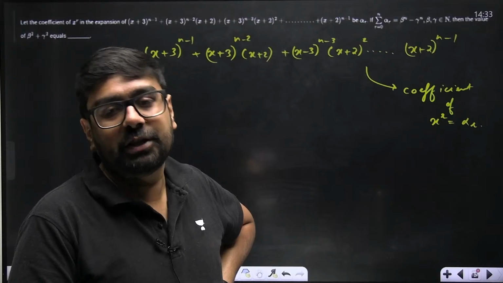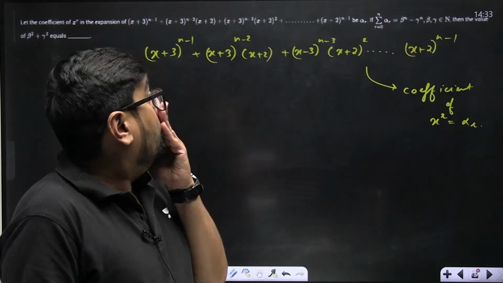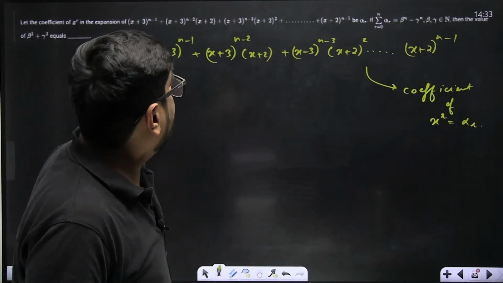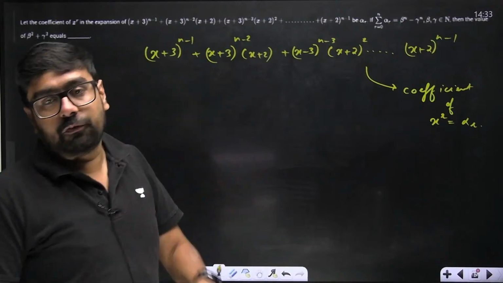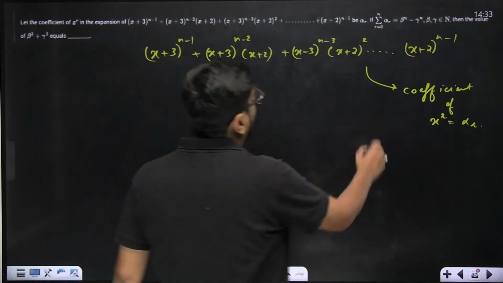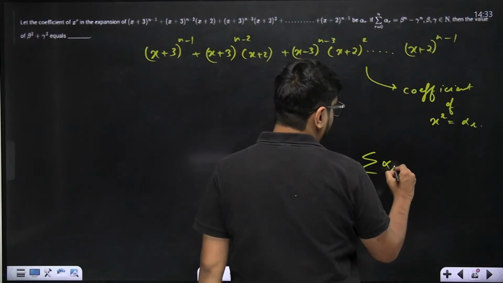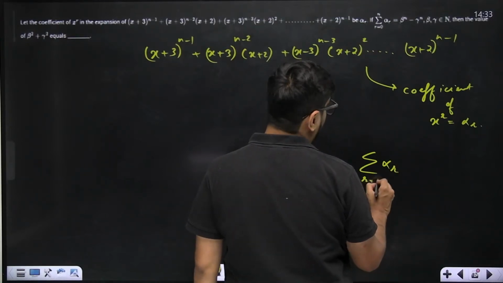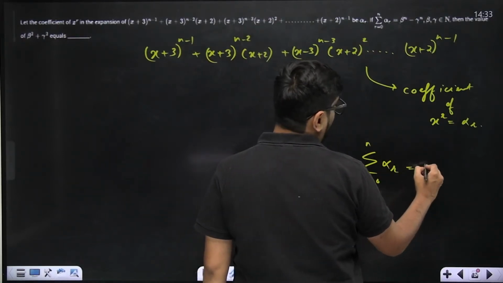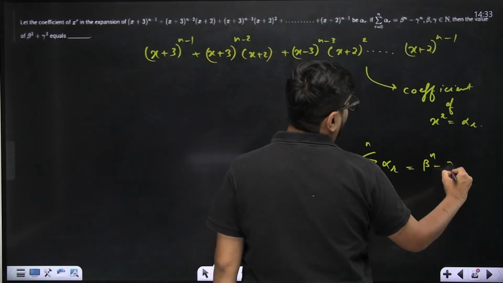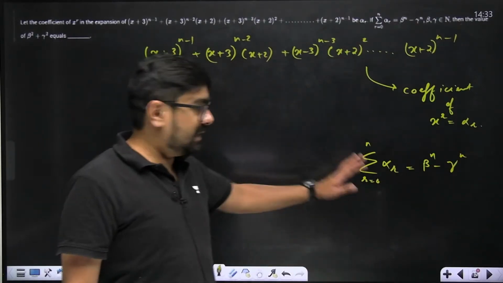We won't get the coefficient of x to the power r; we'll get the sum of coefficients first of all. And here they are asking about this only. They are saying the sum of alpha r from r equal to 0 to n is given by beta to the power n minus gamma to the power n. So yeah, this is okay.